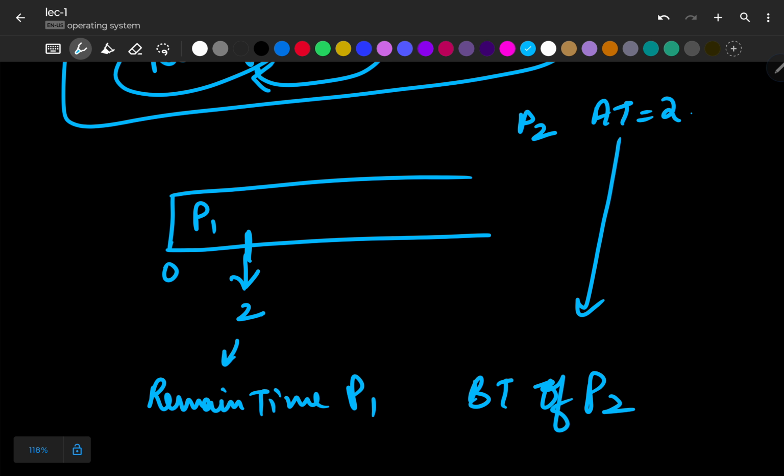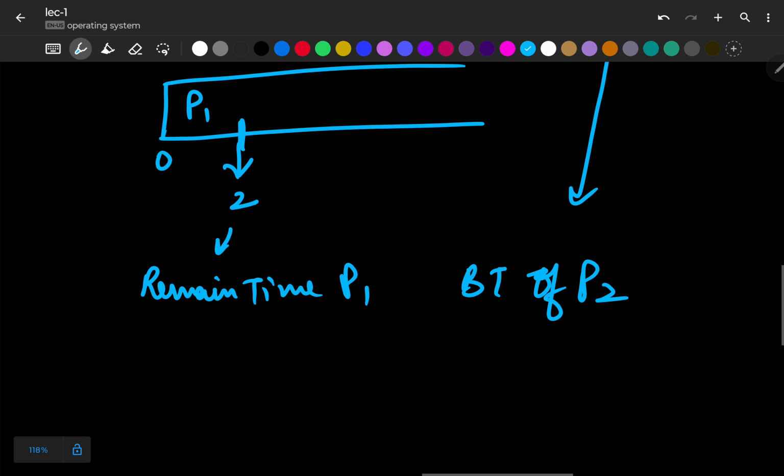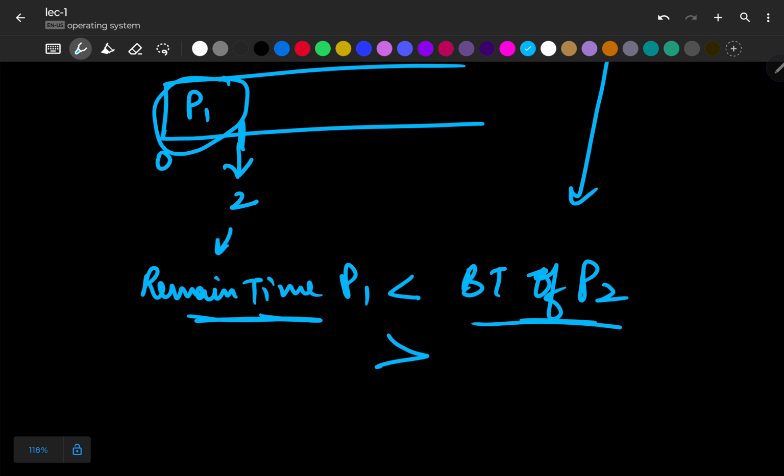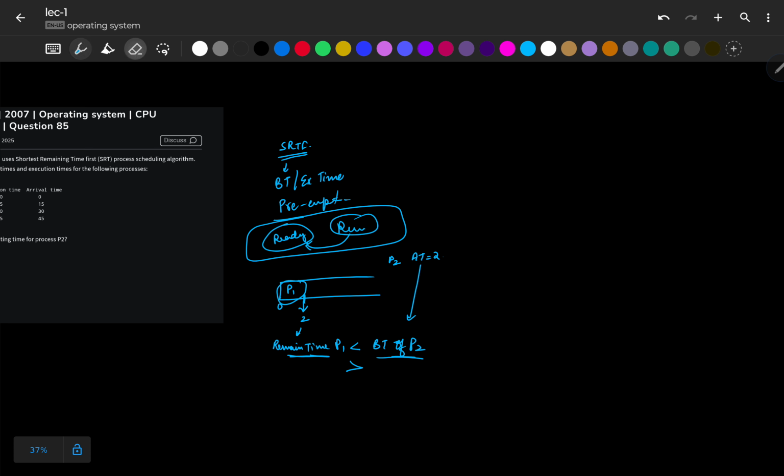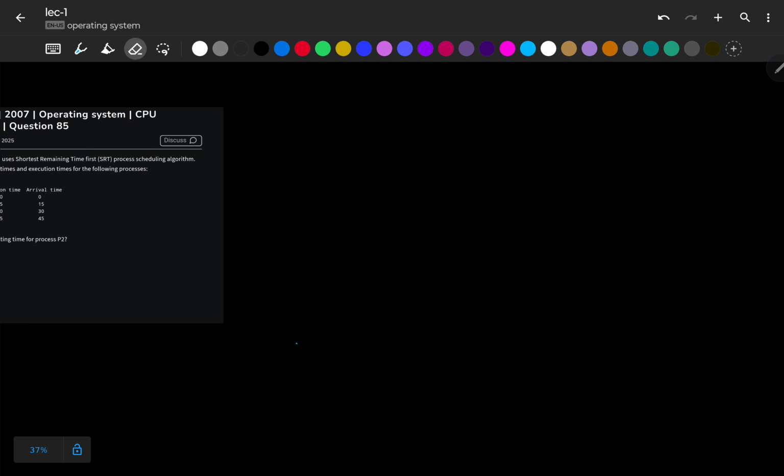Whichever is less will be considered. If the remaining time is less, then P1 will continue the execution, and if the burst time of P2 is less, then P1 will come back to ready state and P2 will go into running state. That is, we will start the P2 process. So let's now solve this question.